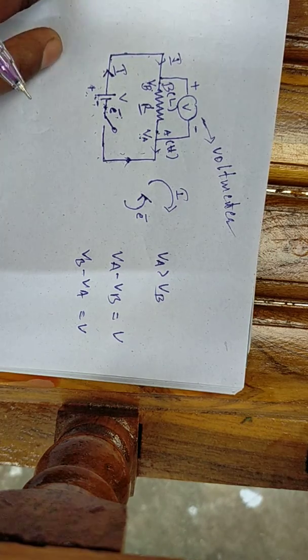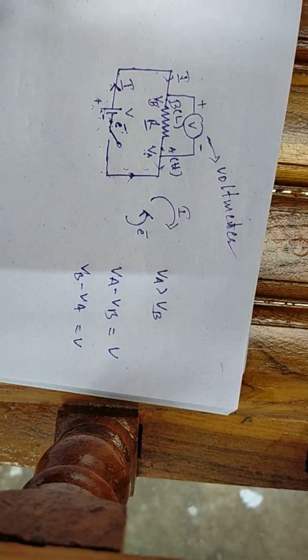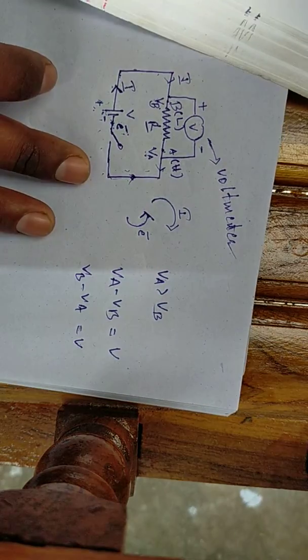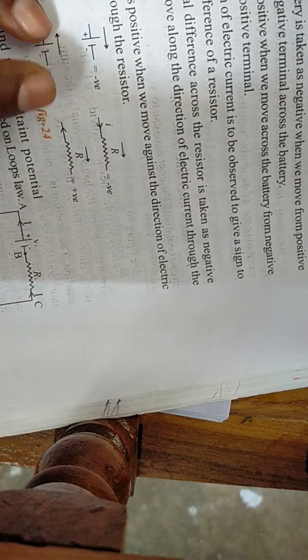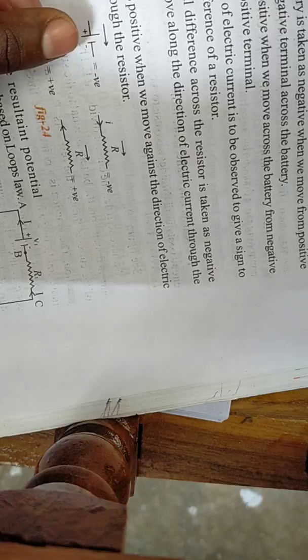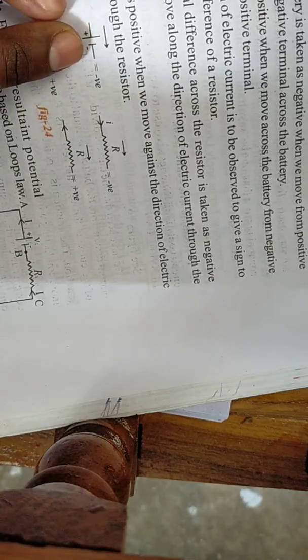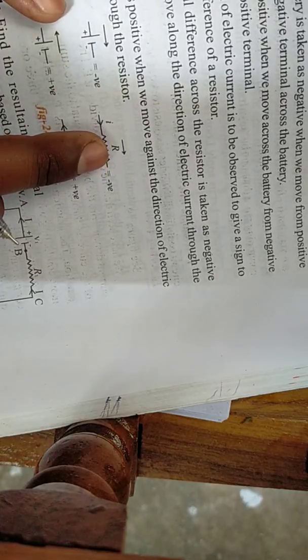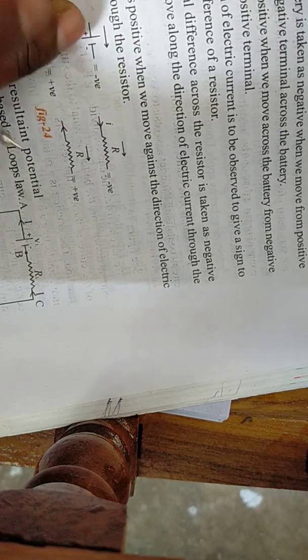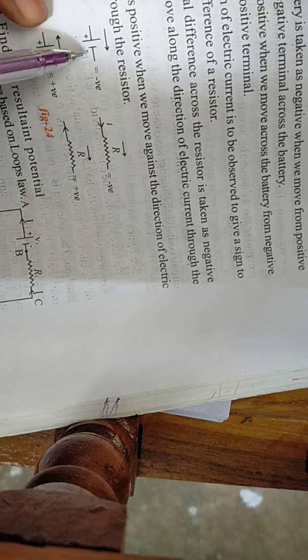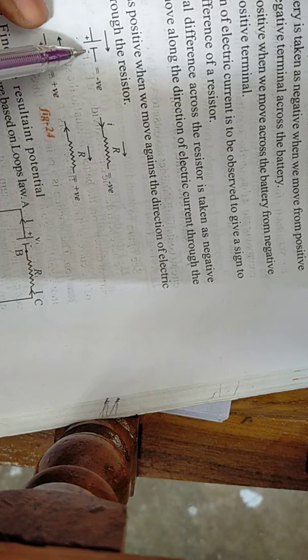So in your textbook, it is given that you see here, sign convention. While we are following a sign convention for potential difference across the battery and potential difference across the resistor, see how they are taken. This is the positive terminal of the battery, and this is the negative terminal of the battery.